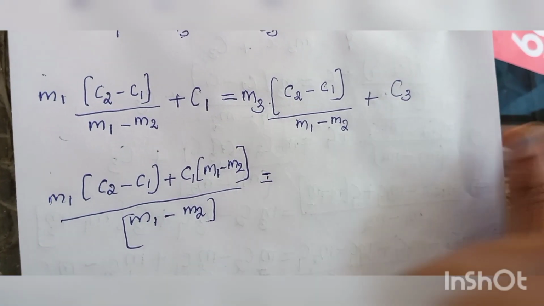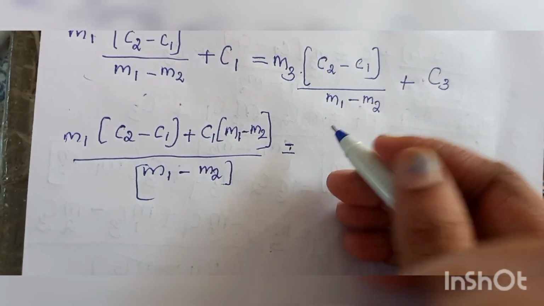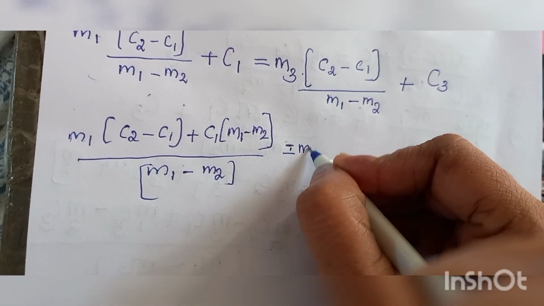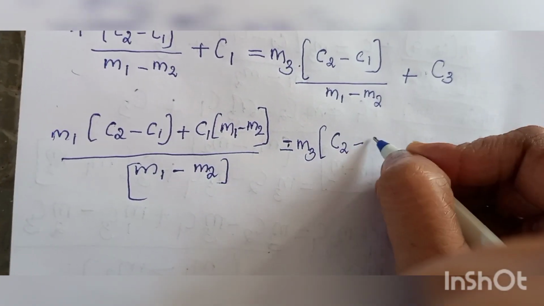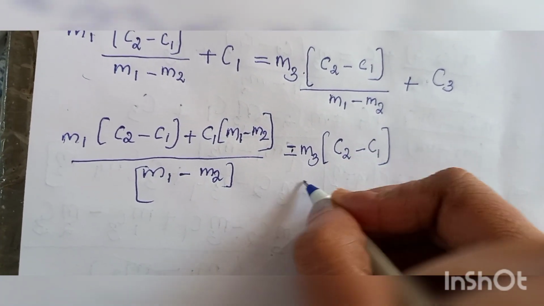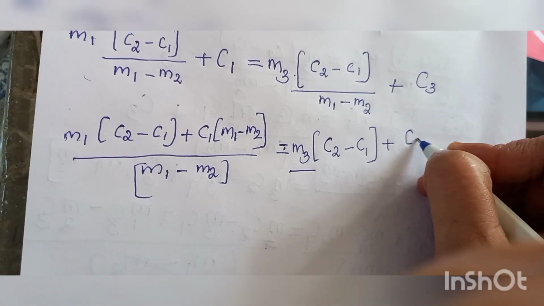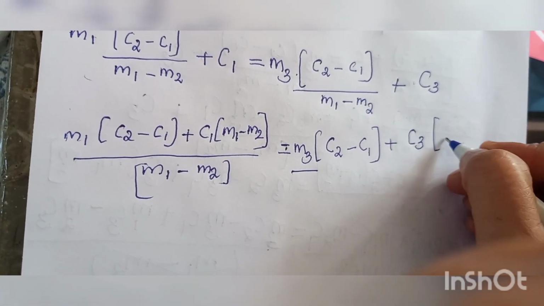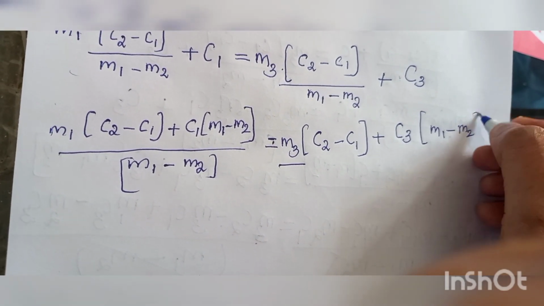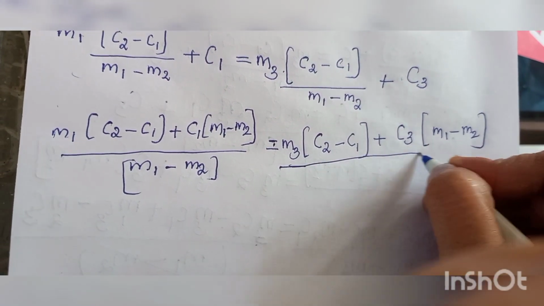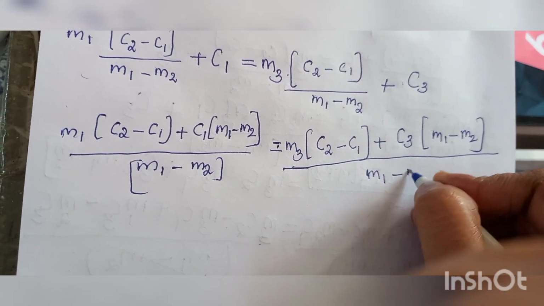which is equal to, we can write like this. This also we can take LCM. So we get m3(c2 minus c1) plus c3(m1 minus m2) whole divided by (m1 minus m2).